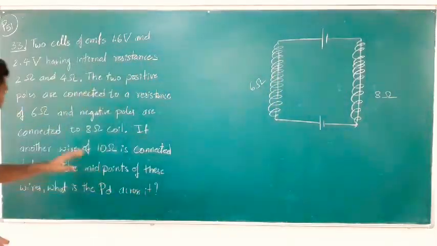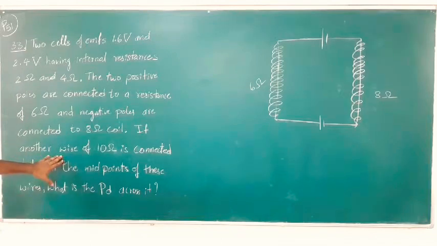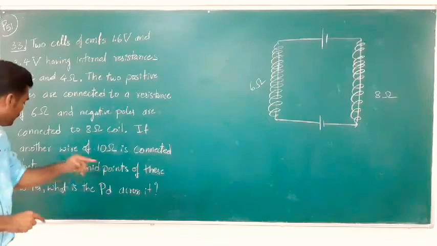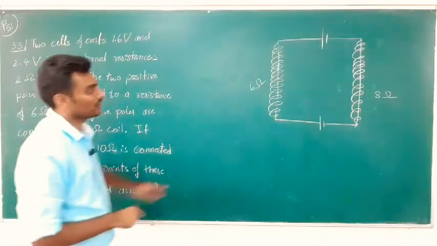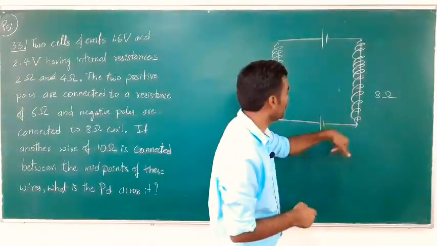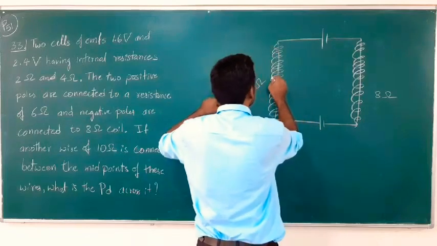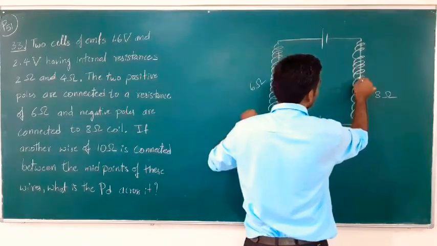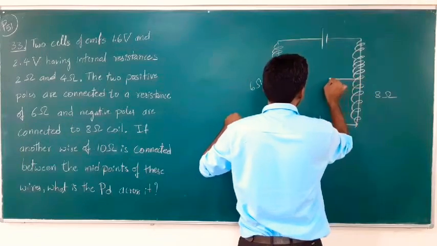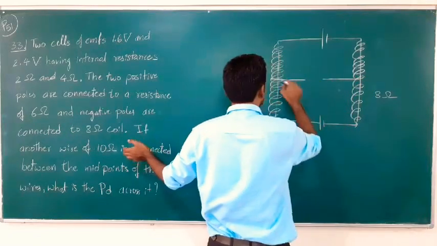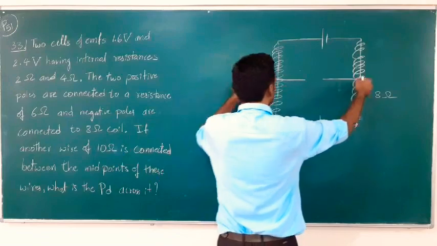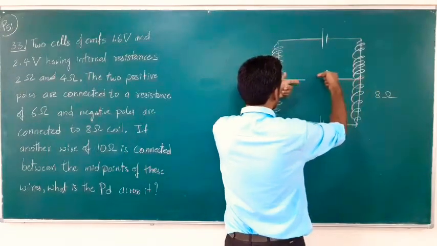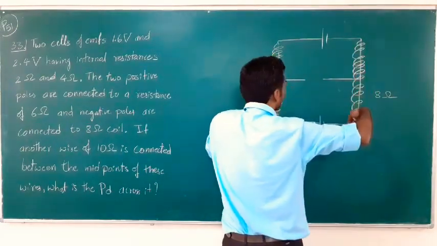Then if another wire of 10 ohm is connected between the midpoints of these wires, okay, these are the wires or the coils, and another wire, okay, this wire has the resistance of 10 ohm and is connected exactly between the midpoints of these wires or coils.